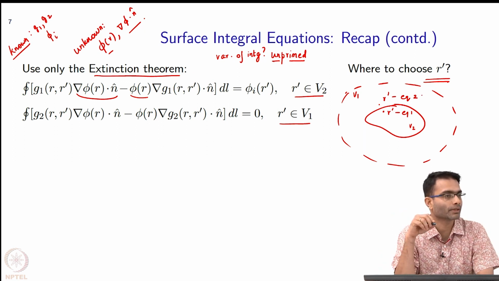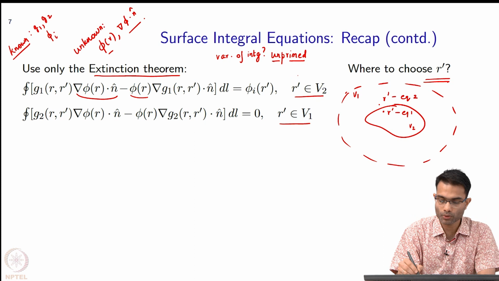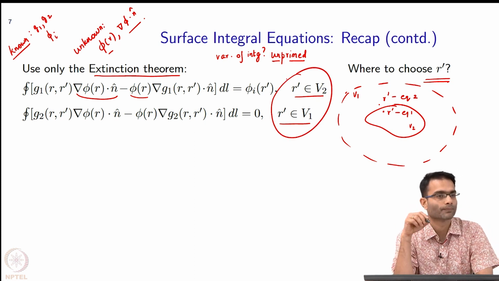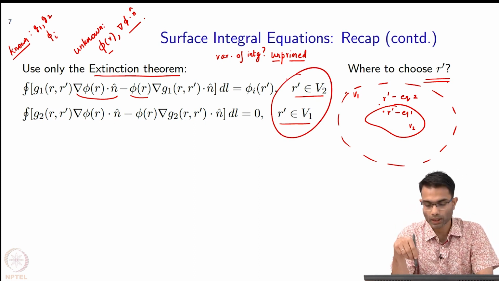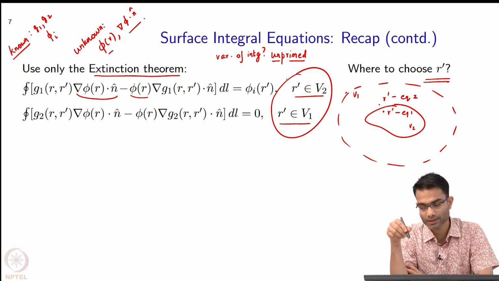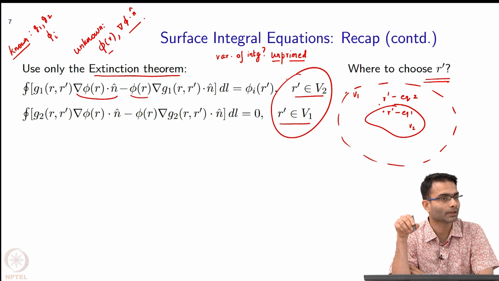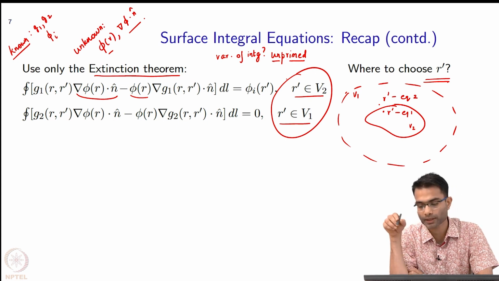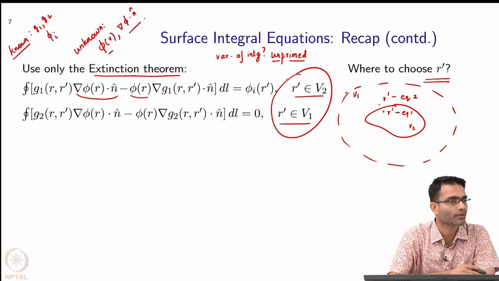It's a very common mistake to forget about this. If you put r prime in the wrong place, then the right hand side will change, right? So these are the two constraints that have to be kept in mind. But other than that, r prime is in my hands.